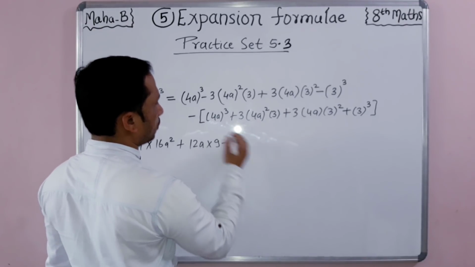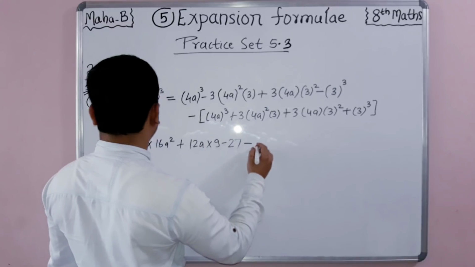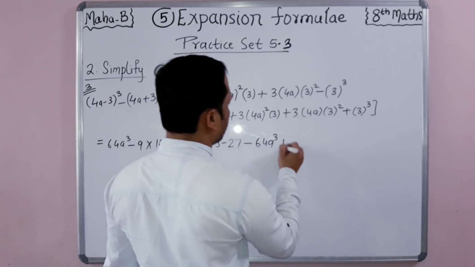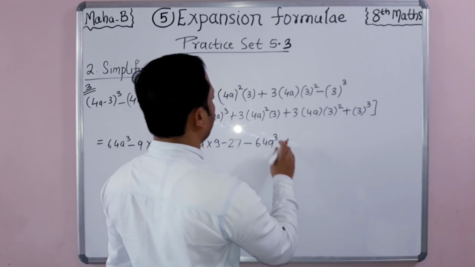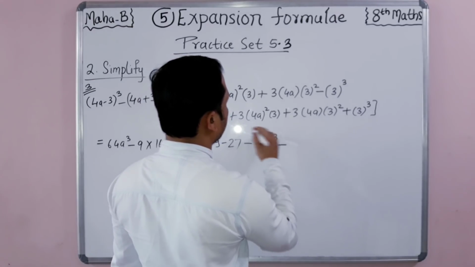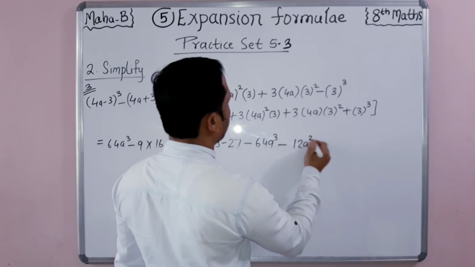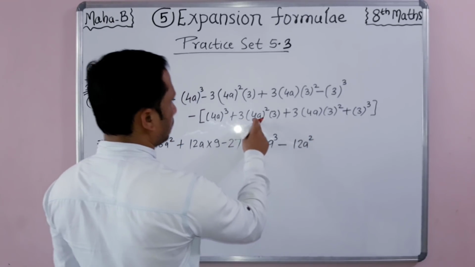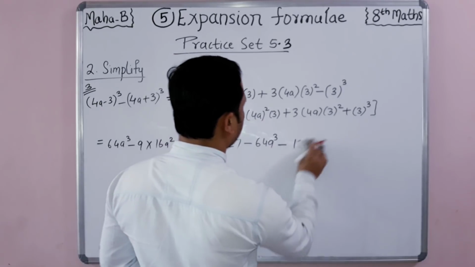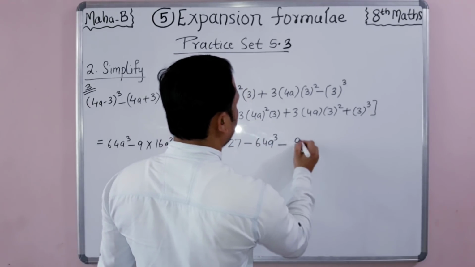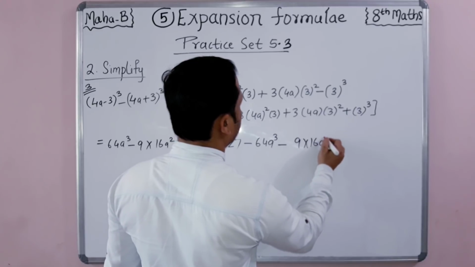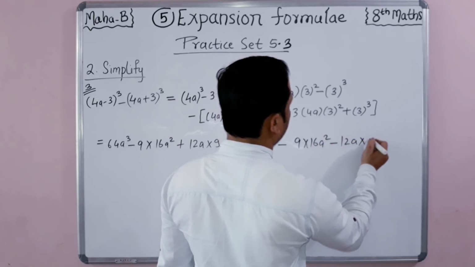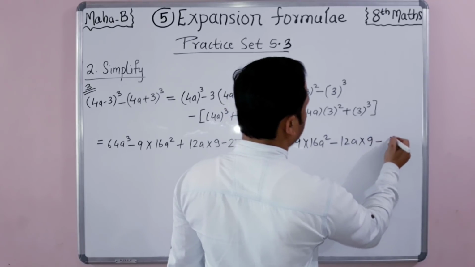Again solve this, this will become minus 64a cube, this will become plus, this will also become minus, 9 into 16a square, this also becomes minus 12 into a into 9, and this is minus 9.